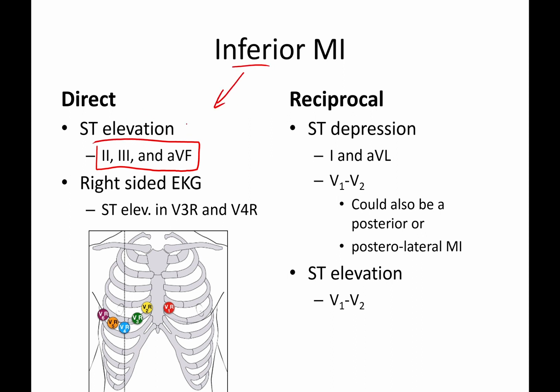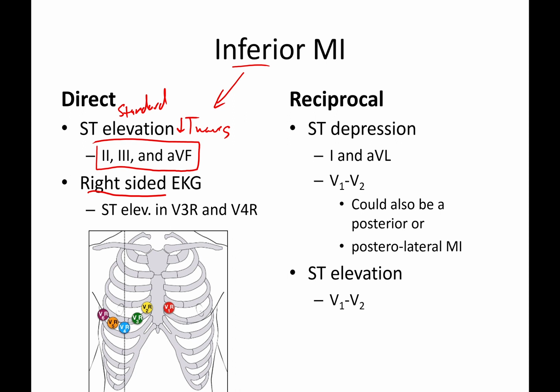You'll see the ST elevation and inverted T waves. And this is with the standard EKG. If you see evidence of an inferior MI, that is absolutely 100% appropriate to then get a right-sided EKG.